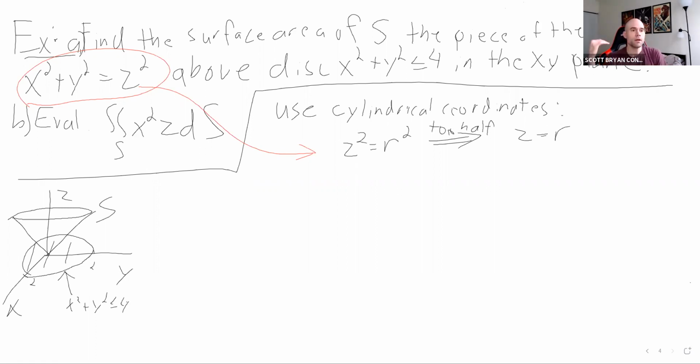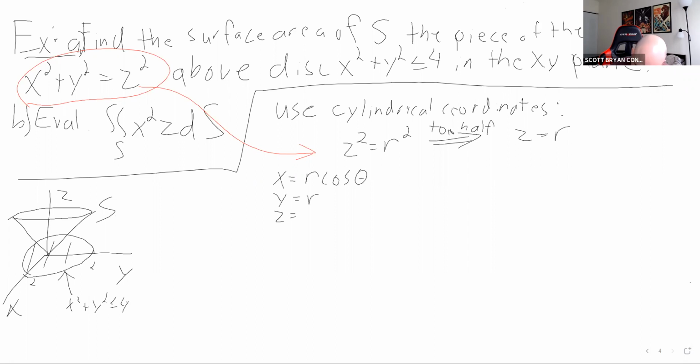So normally in cylindrical, we have three variables, r, theta, and z, but this says that z is equal to r. So whenever we see z, we can just replace it with r. So our parameterization is, so x is r cos theta in cylindrical.